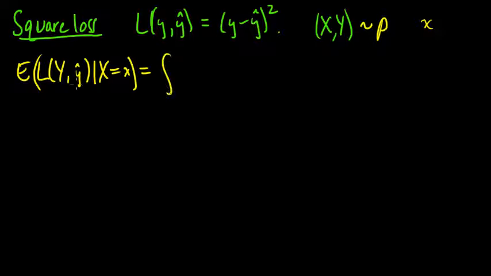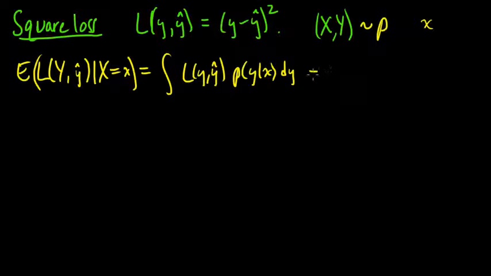Well, we know from the rules of expectation we can write this as the integral, since this is a density, of the loss times the conditional density of y given that x equals this little value of x. And this is integrating over all values of y. So it's an integral from minus infinity to infinity, or whatever the range of y is. So y is real valued, so it would be minus infinity to infinity. And this is a density.